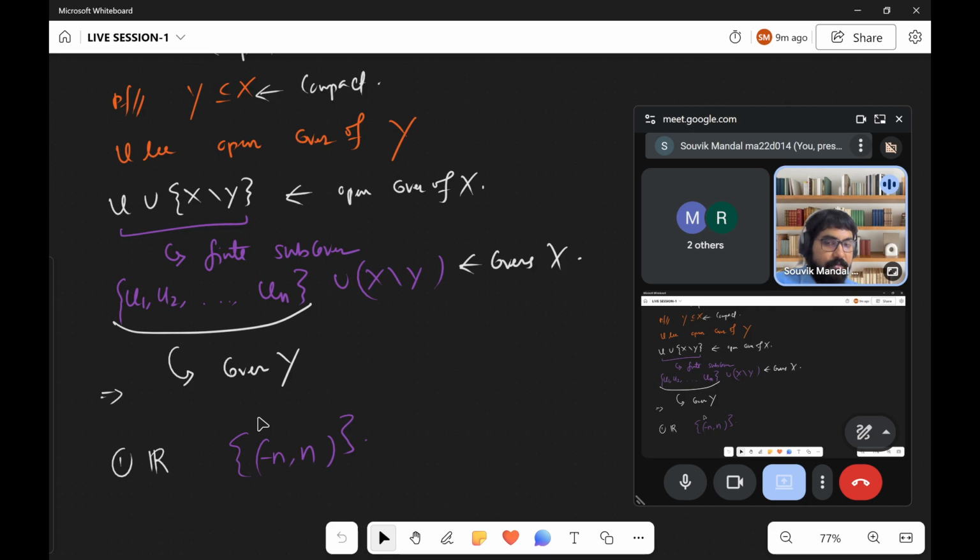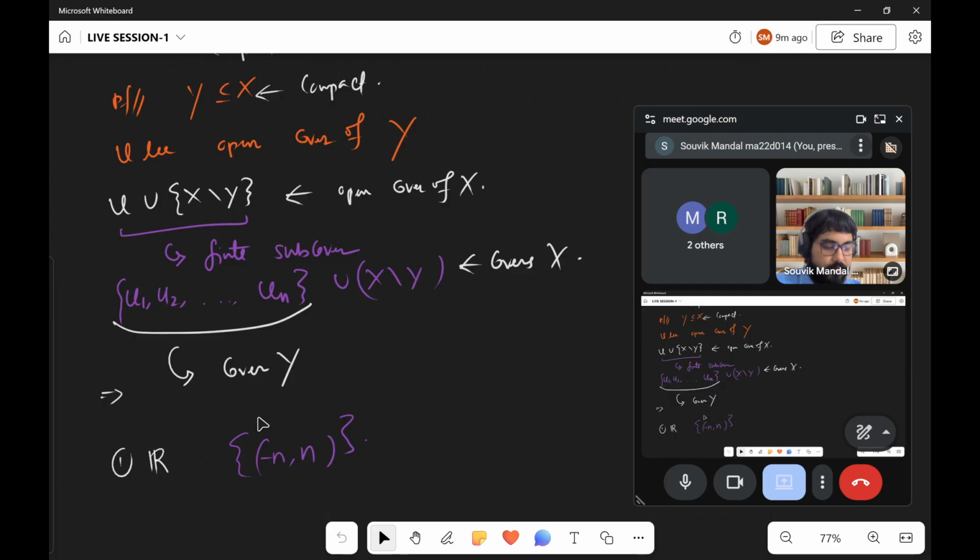Okay. Now, can you tell me, do you know cofinite topology, co-countable topology, these things? Or have you heard about them previously? Yes, cofinite topology means the complement is finite and co-countable means the complement is countable. Correct.